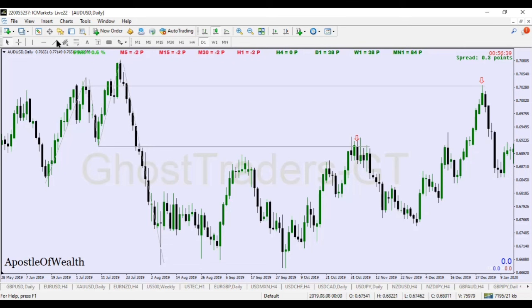Then we have price coming up and failing to touch our breaker here, but that doesn't mean price will not come back for it. Price will simply come back for it, and then boom, we have price coming back for our breaker.